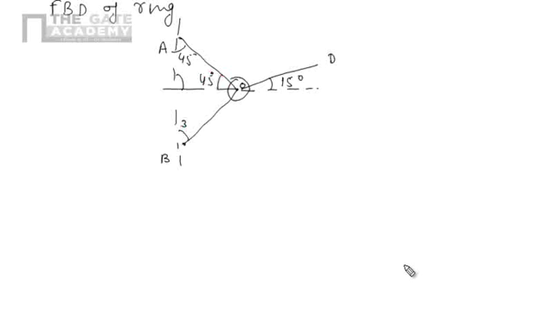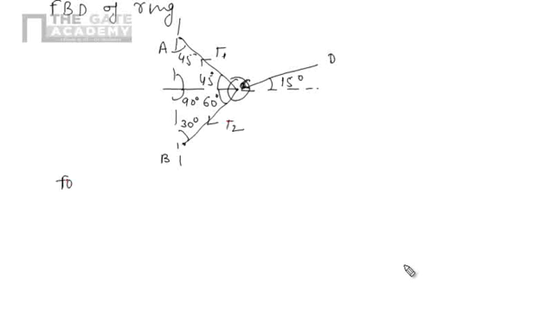Similarly, this angle is 30 degree, this angle is 90, so this angle will be 60 degree. By this way we can easily find the angle between these two. Suppose tension in the string AC is T1 and tension in the string BC is T2.